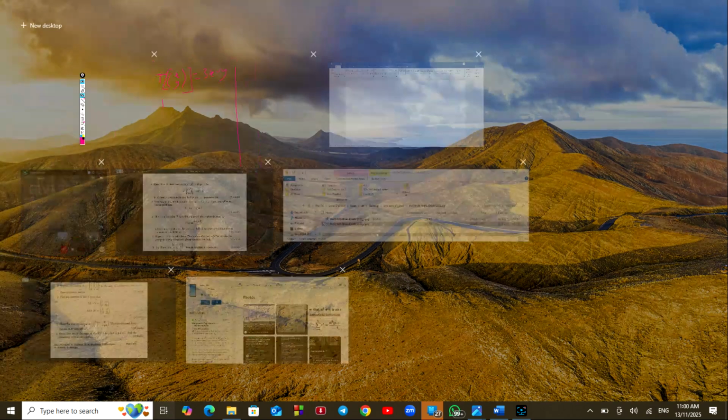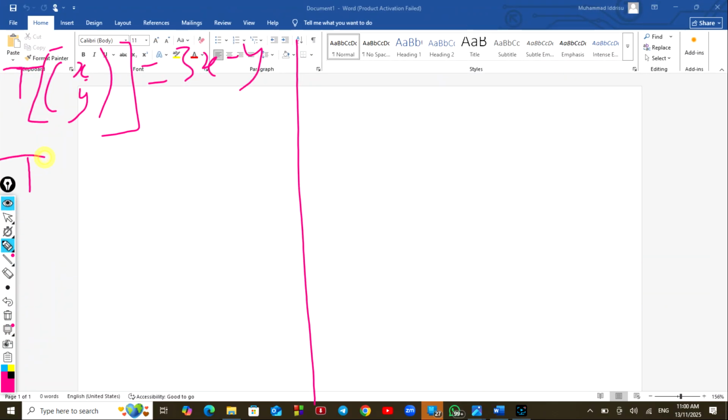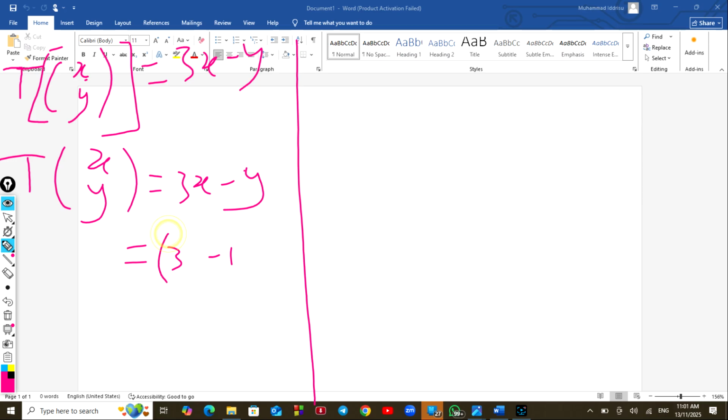So we have the transformation of xy is equal to 3x minus y, and this 3x minus y is, in fact, we can write it as the matrix 3 negative 1 multiplying xy.